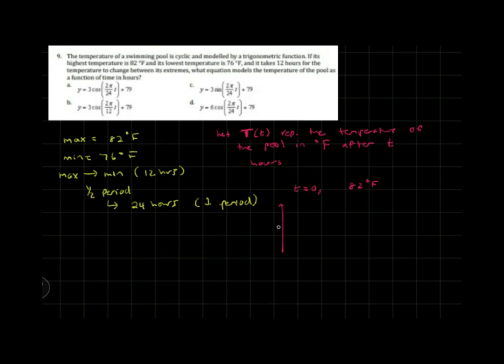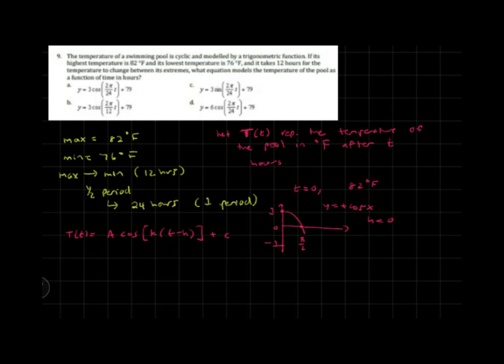Because we're starting at the maximum, we know that the positive cosine function starts at the maximum, then goes to the horizontal axis, right? And this would allow us to have a phase shift or a horizontal shift of 0. Now, in this case, we want to express the function's template as a cosine k t minus h plus c, right?